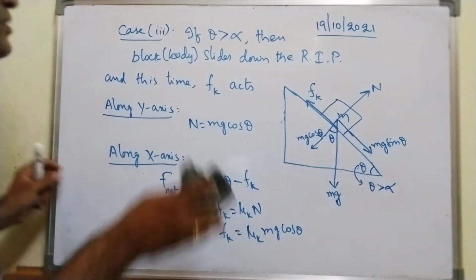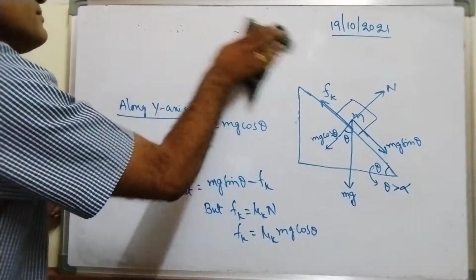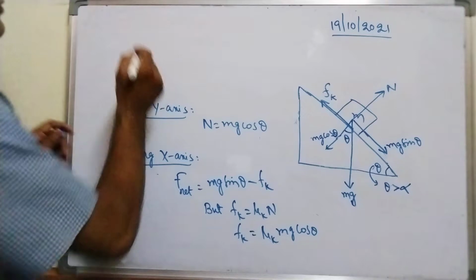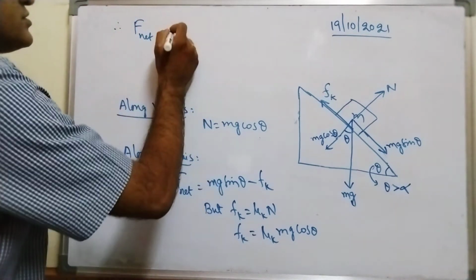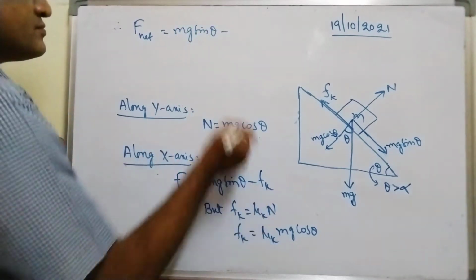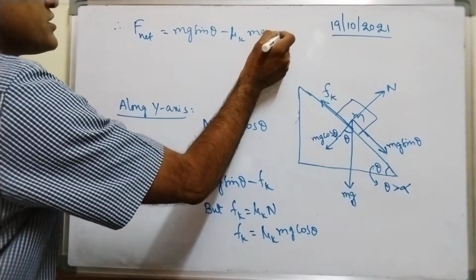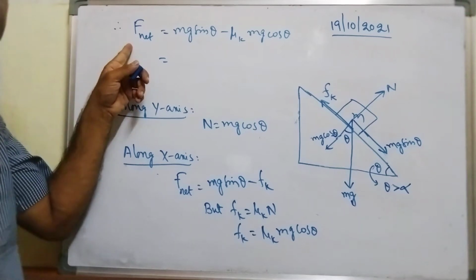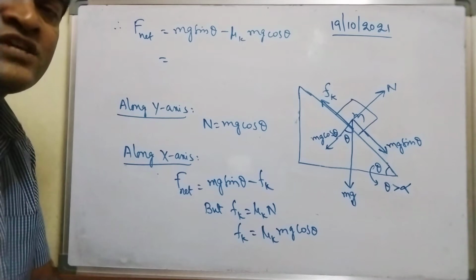Now let me erase this part. Case 3. Therefore this F net force becomes mg sin theta minus mu k mg cos theta. Now F net is the net force on this block of mass m whose net acceleration is a.